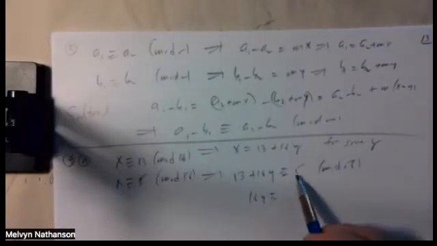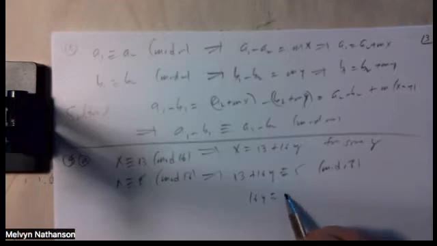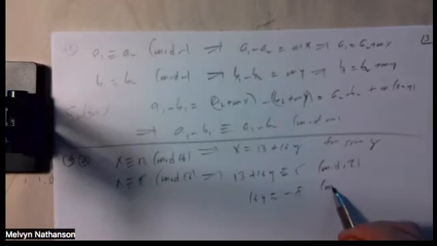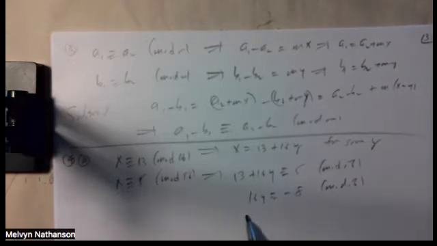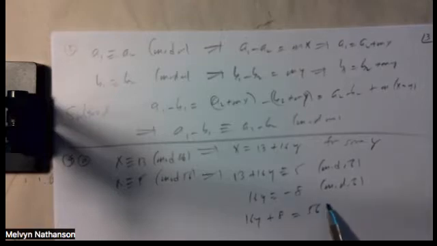Or 16Y is congruent to 5 minus 13, minus 8, mod 56. This means you want to find the Z such that 16Y plus 8 is 56Z.